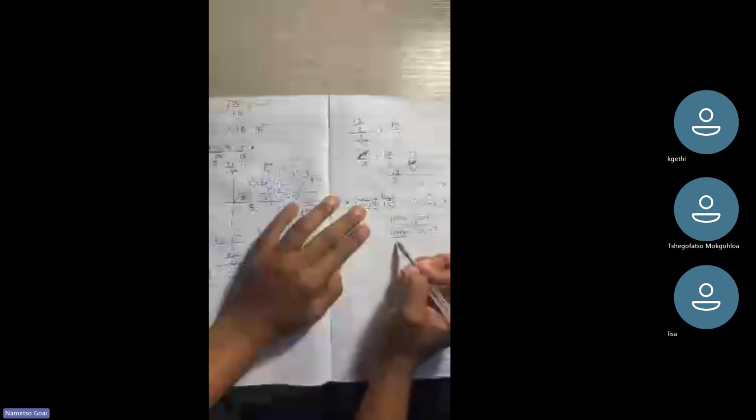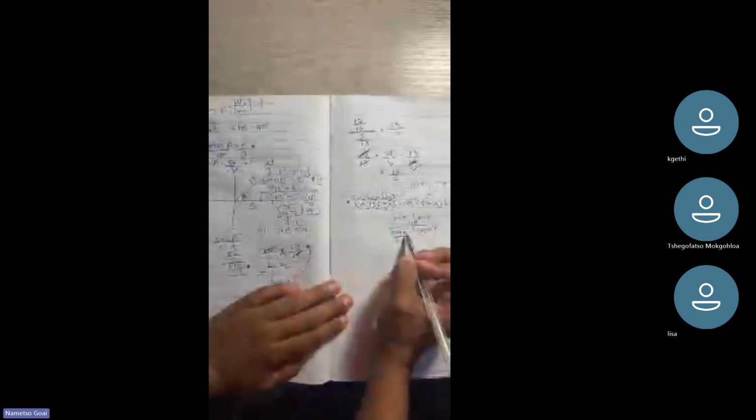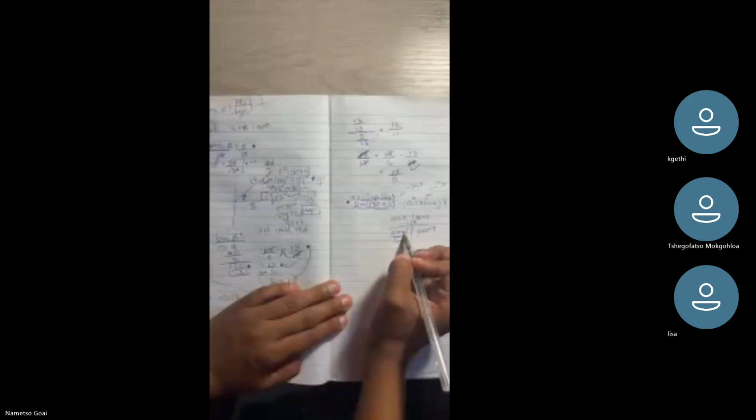So where is 180 plus x? Here it is in the third quadrant, right? So we can see because of our CAST, tangent is the one that's positive here. So it means everything else that's not tangent, what would it be? It'll be negative, right? Hence, here she said it's going to be negative sine x. So we will have minus sine x. Is everybody on board with this one?